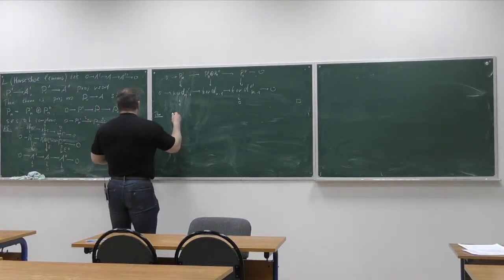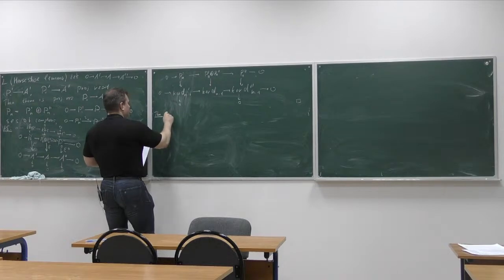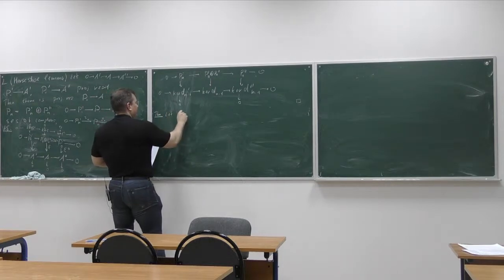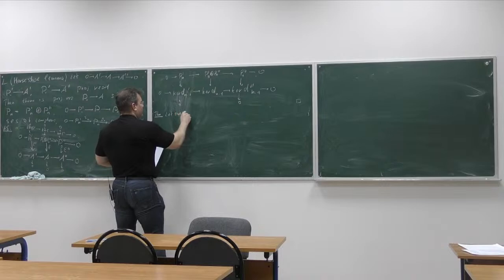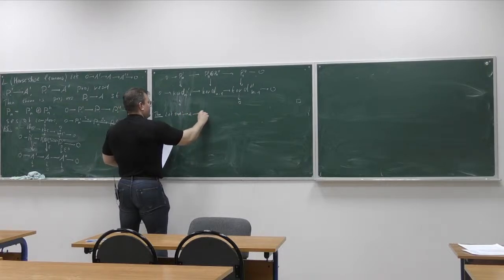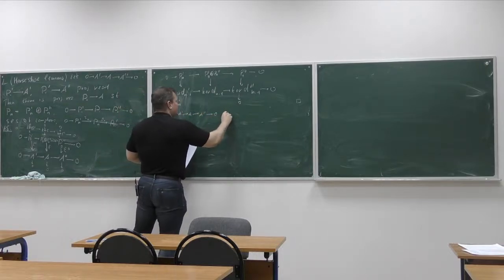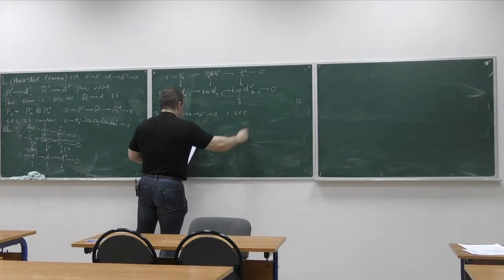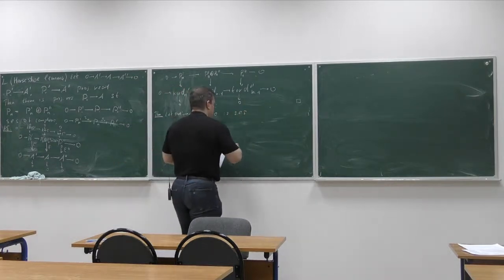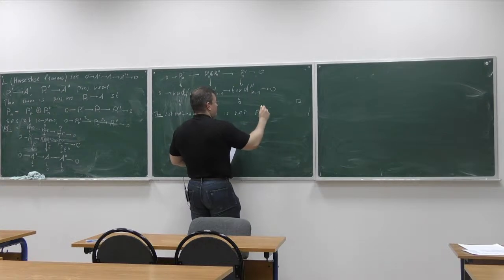So in the theorem, I have a short exact sequence, A prime, A, A double prime. I have F, which is a right exact functor.